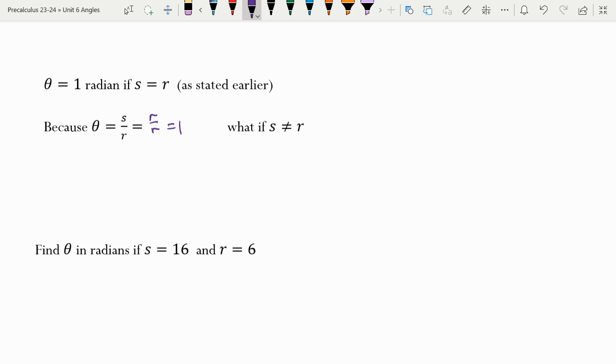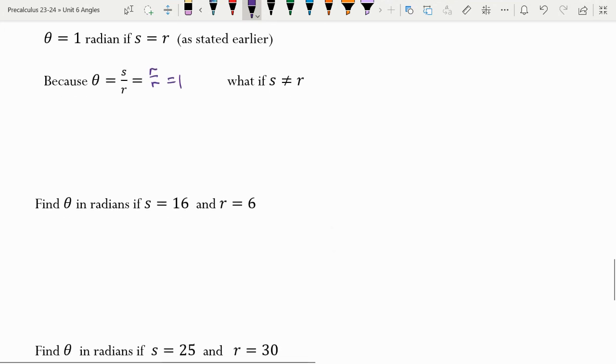But what do we do if the arc length is not equal to the radius? Well, we can just take whatever the arc length is and divide it by the radius, and that will tell us how many radians an angle is. So if I want to find theta, it is the arc length divided by the radius. That's how many radians that's going to be.